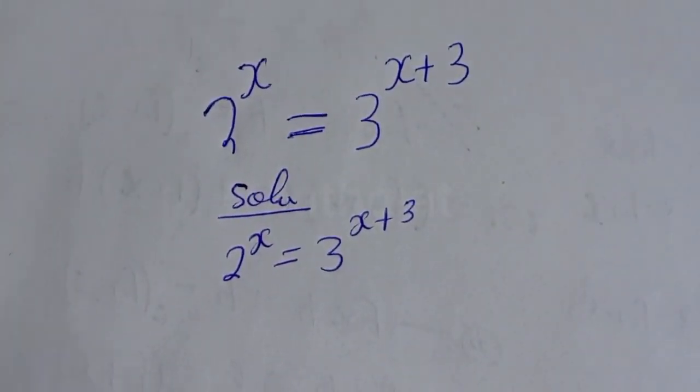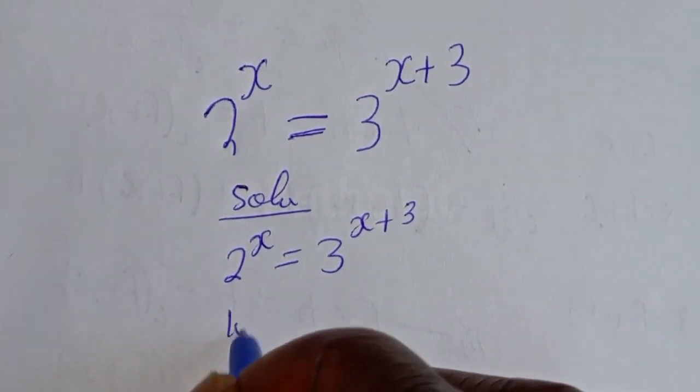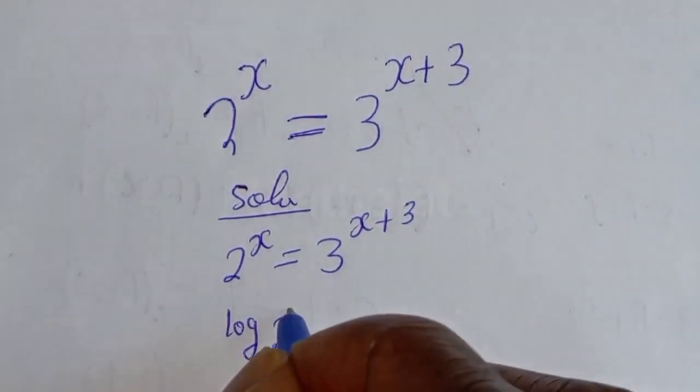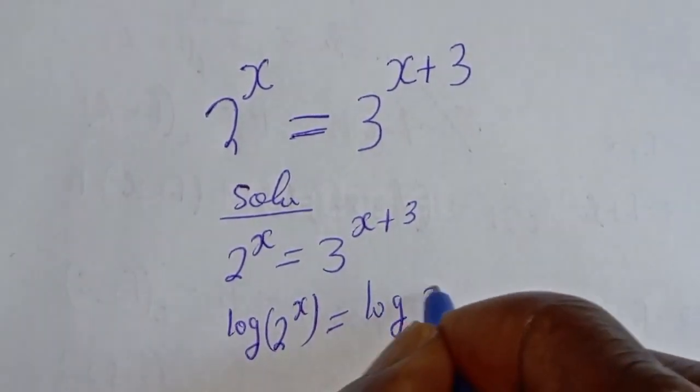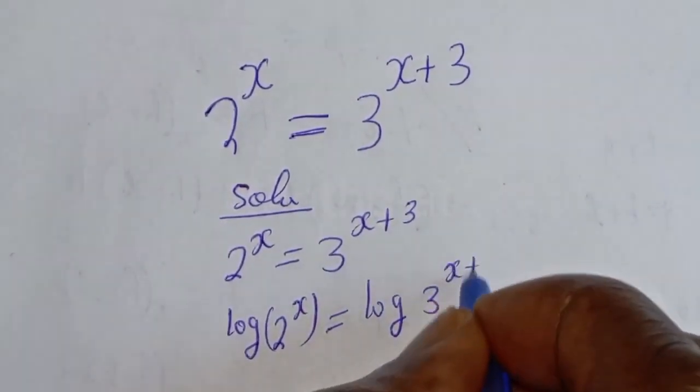Let's take the log of both sides. Log 2 raised to power s is equal to log 3 raised to power s plus 3.